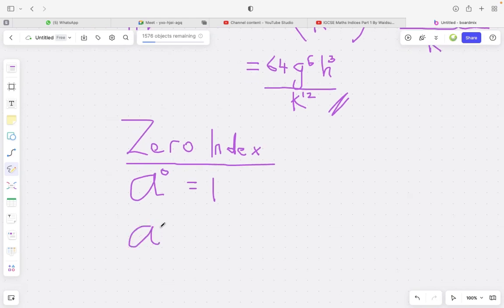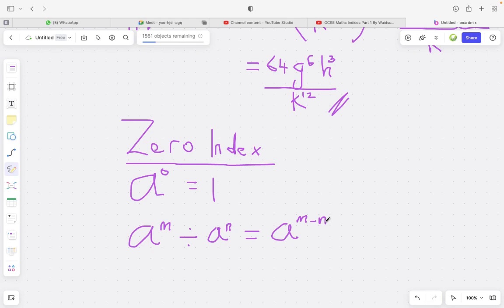If I have a to the power of m divided by a to the power of n, remember the second law, then this is simply given as a to the power of m minus n. In our second law of indices, this is what we learned, right? m minus n.